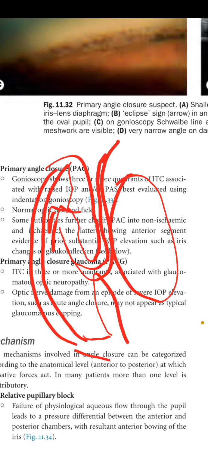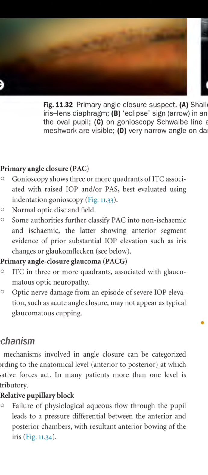So the aqueous will accumulate in the posterior chamber, and the pressure in the posterior chamber will cause bowing of the iris to the anterior side. It will close the angle and block the pupil as well. This is how the pupillary block mechanism comes into effect.